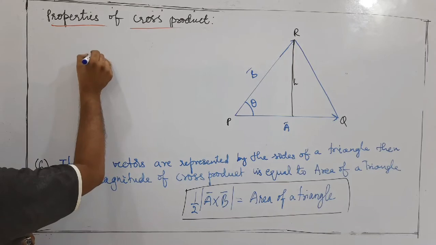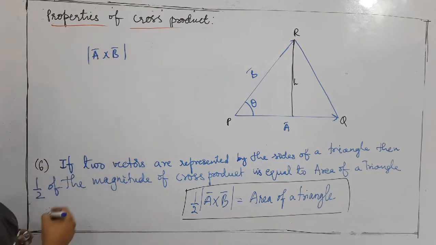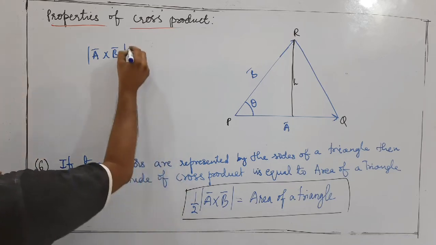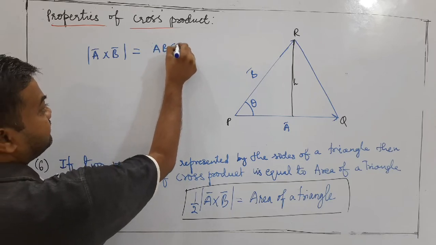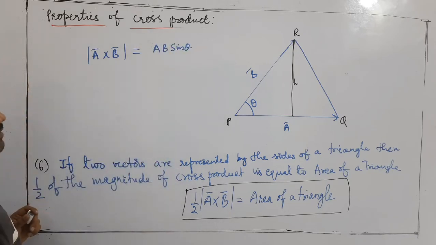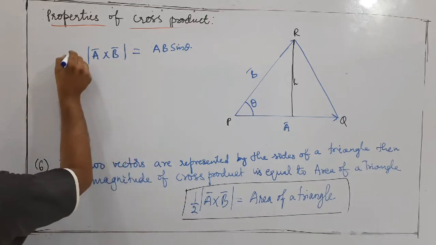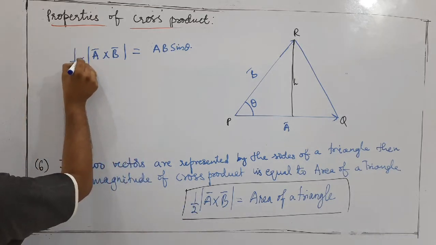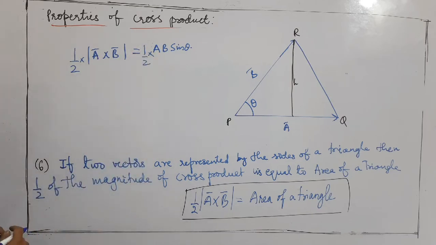First, the magnitude of A bar cross B bar is nothing but AB sin theta. But here it is half, so I will multiply half on both sides.